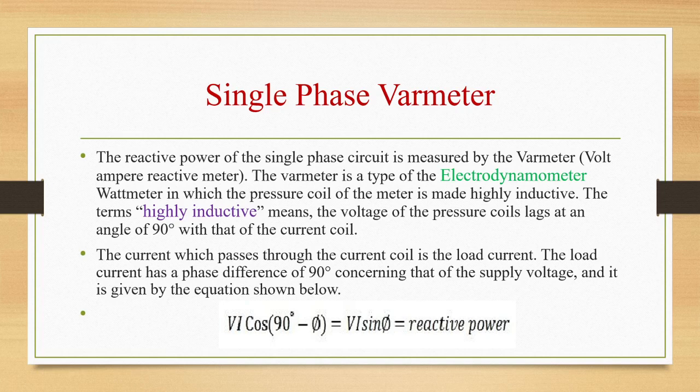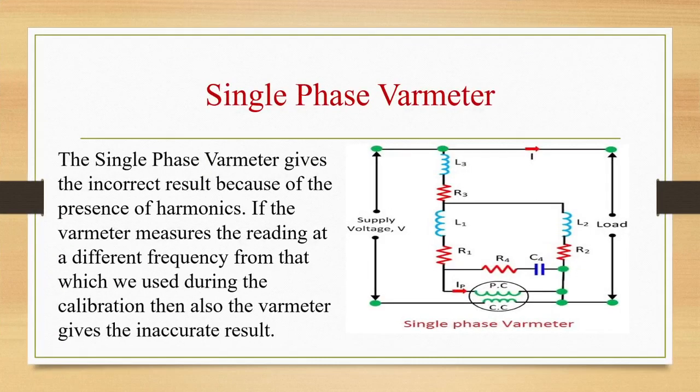In the wattmeter or VAR meter, there are two coils: the pressure coil or potential coil, and the current coil. The current which passes through the current coil is the load current, which has a phase difference of 90 degrees with respect to the supply voltage, and it is given by VI cos(90 degrees minus phi) = VI sin phi, which is reactive power.